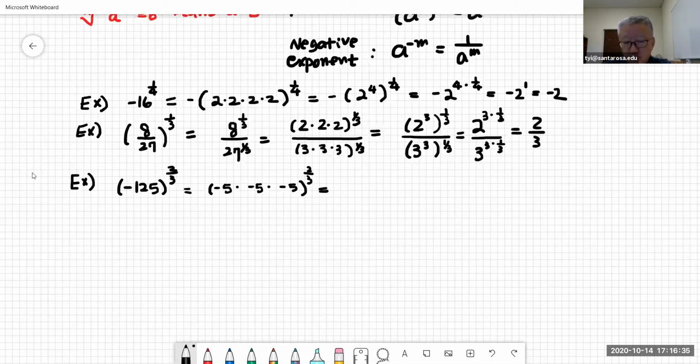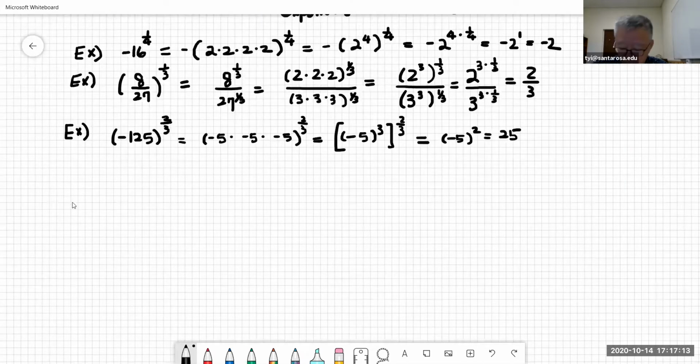If I use the exponent on that, you get minus 5 cubed to the 2/3. So the 3 and 3 cancel out, and you're going to get minus 5 squared. Now you get 25. This is why you need to be careful about taking care of the minus sign. If you're not careful, you're going to end up with the wrong answer.